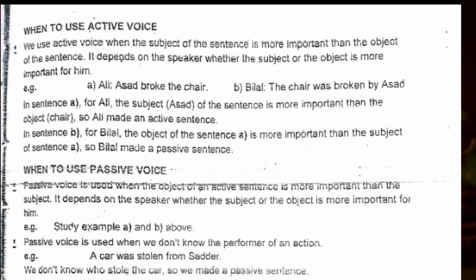Got it? When to use passive voice? Passive voice is used when the object of an active sentence is more important than the subject. It depends on the speaker whether the subject or the object is more important for him. Got it?